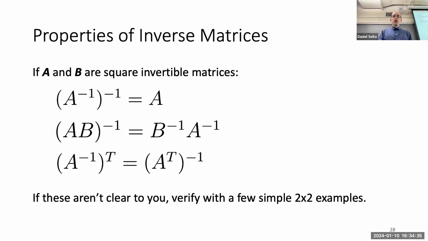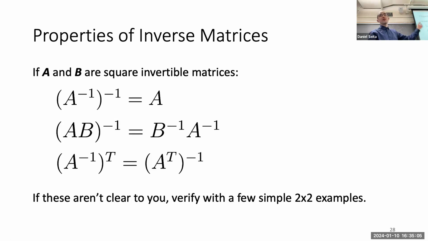Some of the properties that are hopefully familiar: if you have A and B of appropriate shape, then if you apply an inverse on an existing inverse, they basically cancel out. And it's kind of the same thing that you had with the transpose. If you have the product A B and you want the inverse, then you flip the ordering of A and B, and then you apply the inverse on both of them.